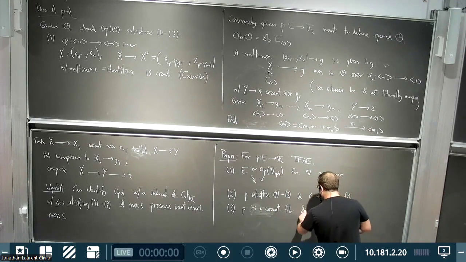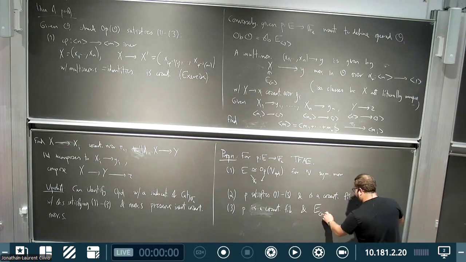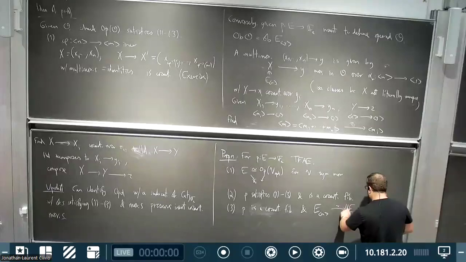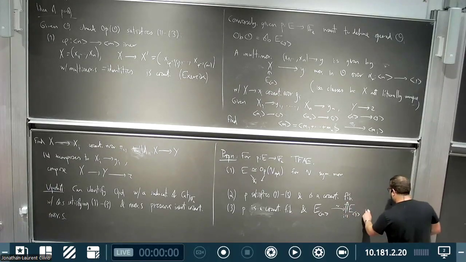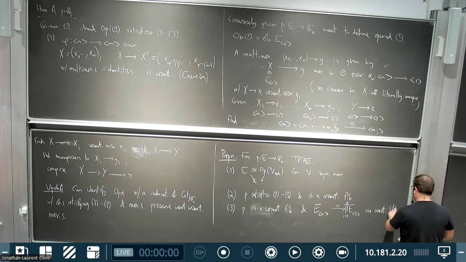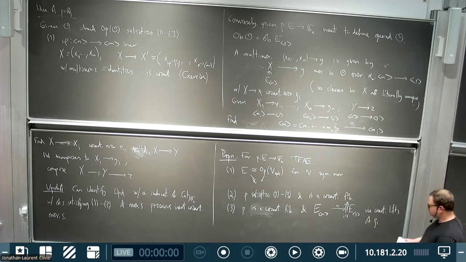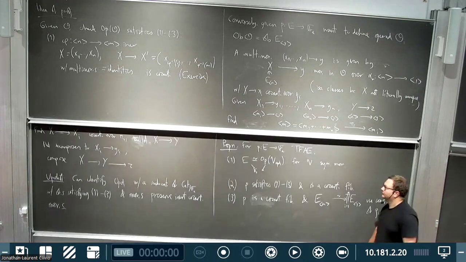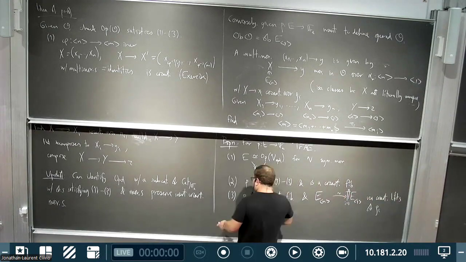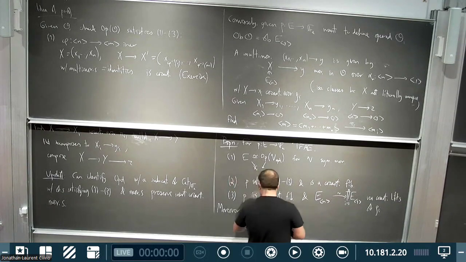And you just have to have this identification of the fibers. So E of N should be equivalent to the product of N copies of E of 1 via the Cartesian lifts of the projection for 1. And moreover, we can identify maps.